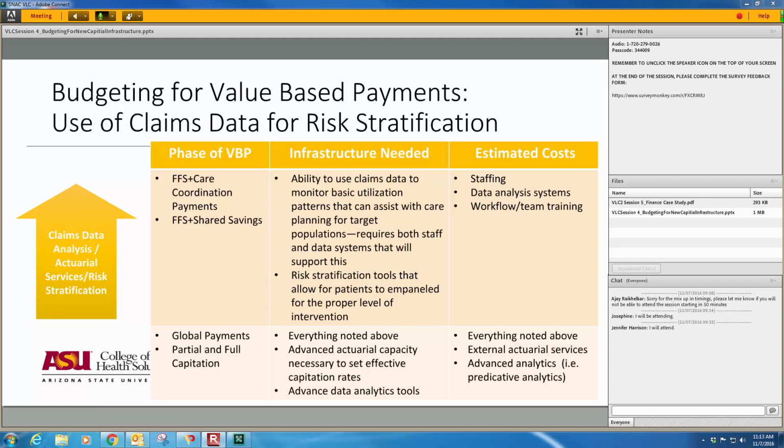For fee-for-service and care coordination, you may or may not need to have access to claims data, but it would really be helpful to be able to infuse part of your process with some of that utilization data so you can be thinking about how to target some interventions for the populations that you're receiving care coordination or any kind of pay for performance on.